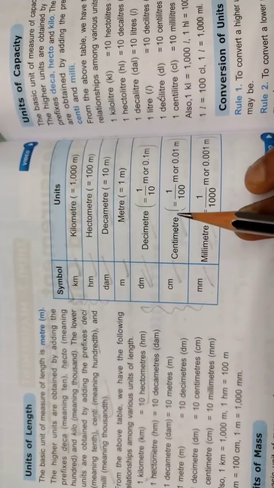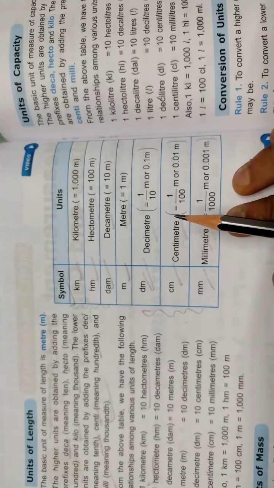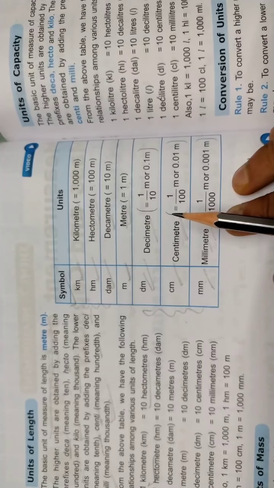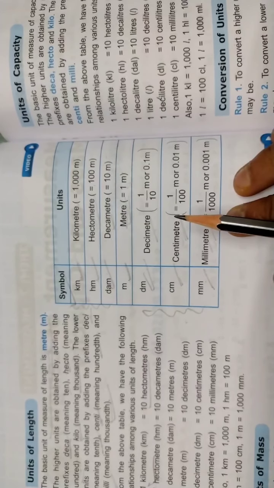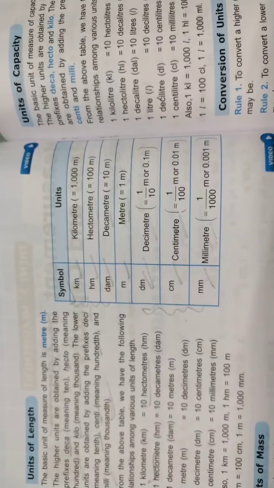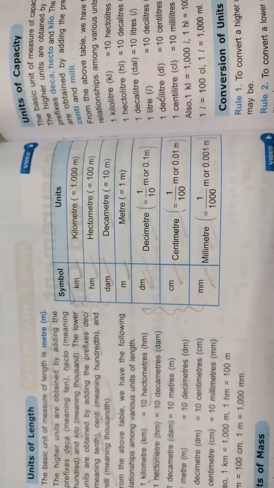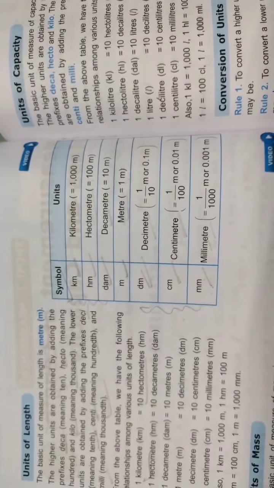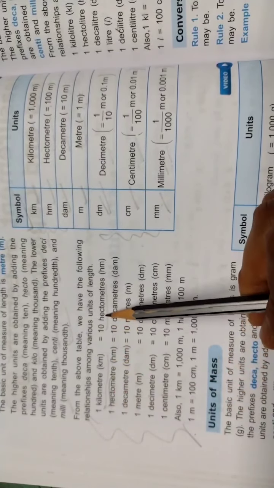Now you have to keep it in mind to be able to convert one form of the unit to another. It can be in the higher format or in the lower format. Before going into the details, let us go through the given data. 1 kilometer equals 10 hectometers.